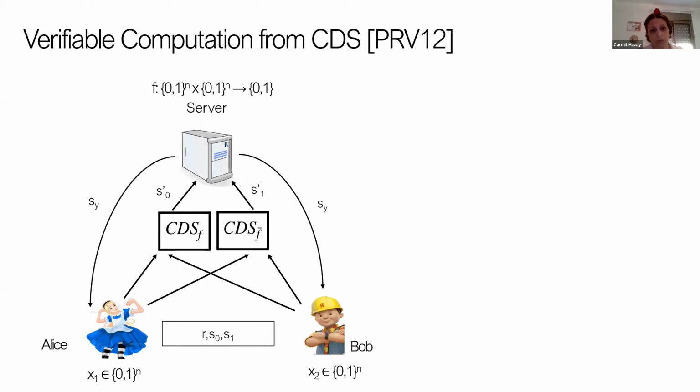Based on the output returned from the server, it is possible to learn whether the outcome of F is 0 or 1. And from the security of the CDS, the server should not learn more than one secret from these messages.